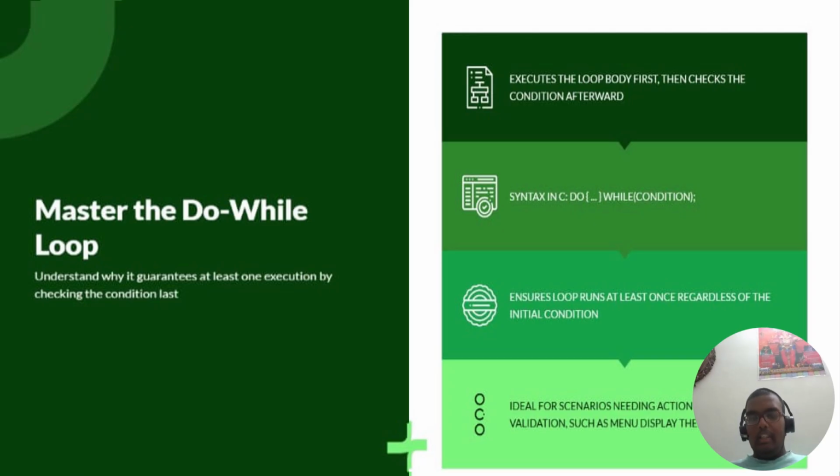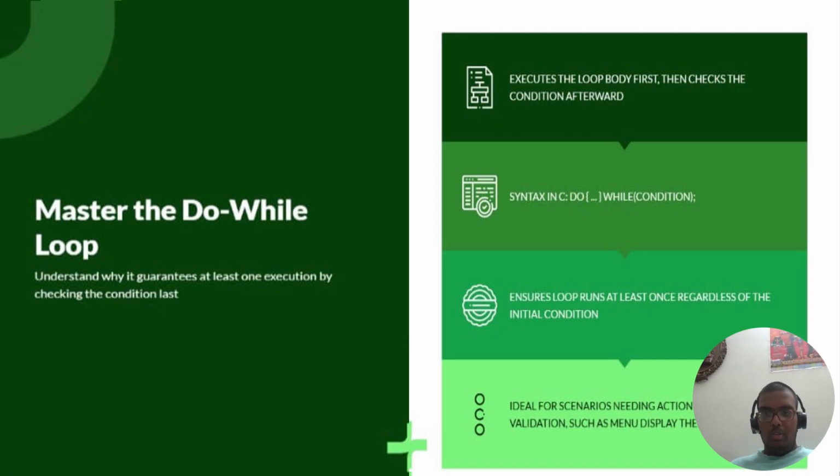There is a guarantee that this block of program will run at least one time. It executes the program body first, then checks the condition afterwards. So the first time it runs the code and after that it checks the condition.